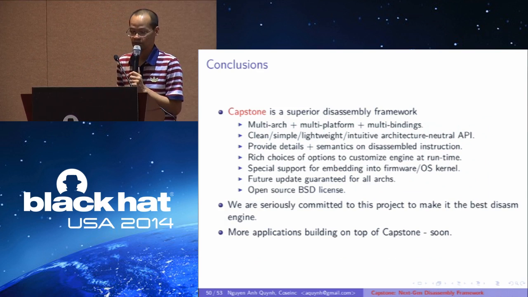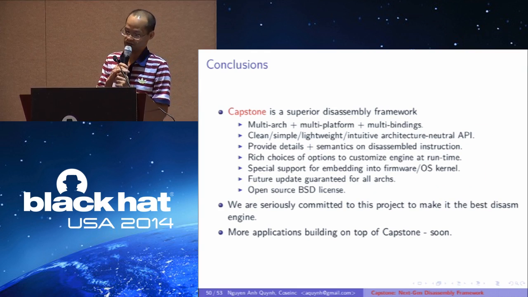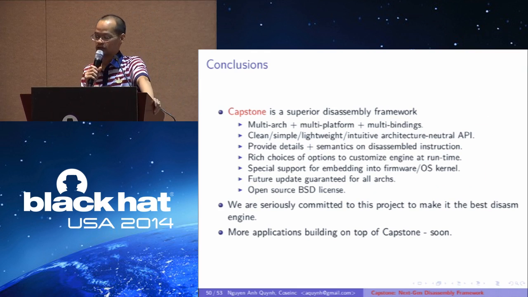In conclusion, Capstone is a very good framework: multi-arch, multi-platform, multi-bindings, with a very nice API, very simple and easy to use. It provides details and semantics on instructions, and a rich choice of options to customize the engine at runtime. You can find a lot of documentation on the website.